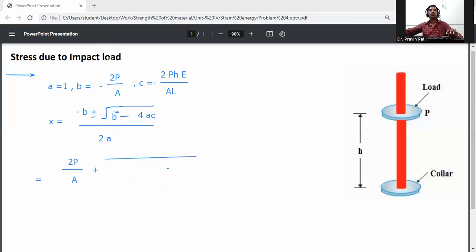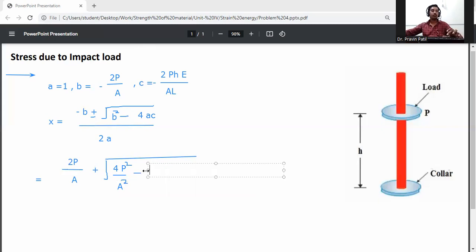Then plus, for the maximum, root of b square, that is 4p square divided by a square, minus 4ac.